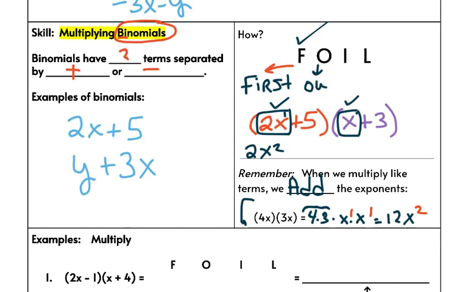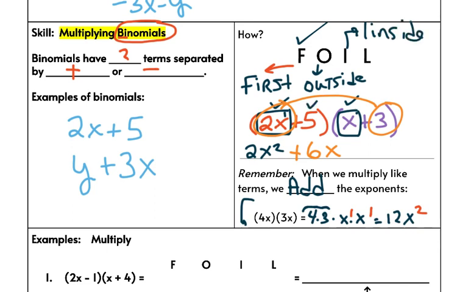Then we grab our outside terms. Kind of like if you were to make two fists with your hands, put them together, and point your thumbs to the outside. We would be pointing at this guy on the outside and this guy, and we multiply those next. 2x times 3 is 6x. And then the I stands for the insides, which would be the 5 and the x, and we multiply those.